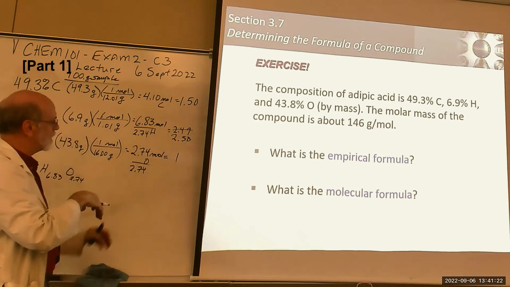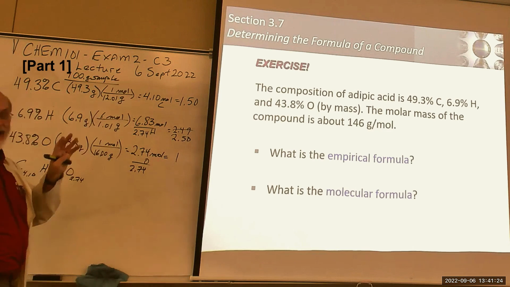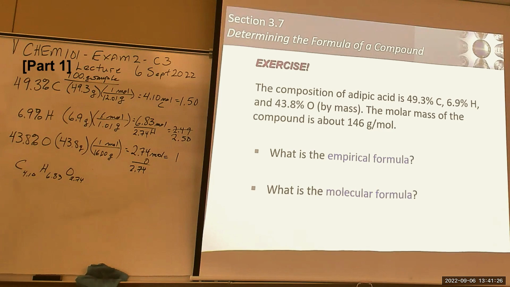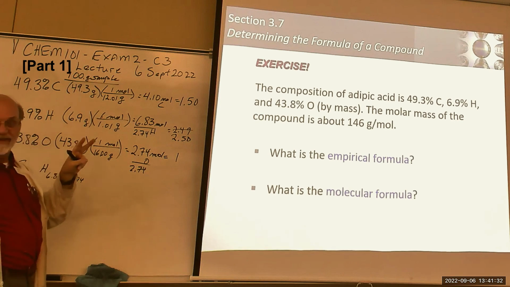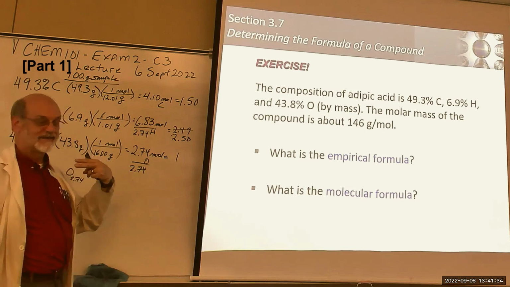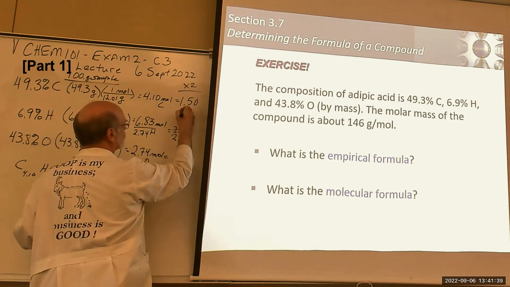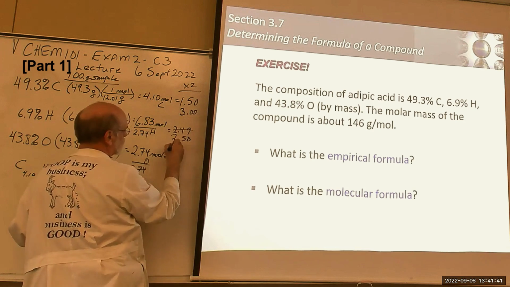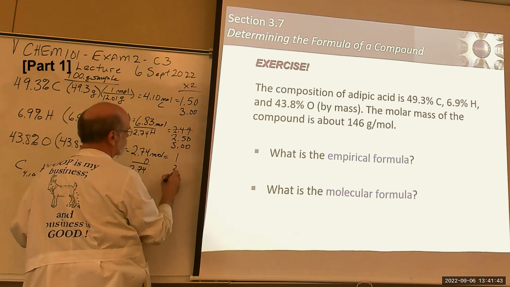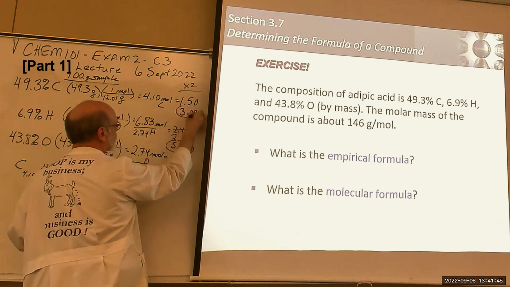So what can we multiply by all of those that will get rid of that half? What can you multiply by a half to get rid of it? 2. Multiply by 2, and that half becomes a 1. So 2 times this one is 3, times this one is 5, times this one is 2. So there's your whole number ratio.